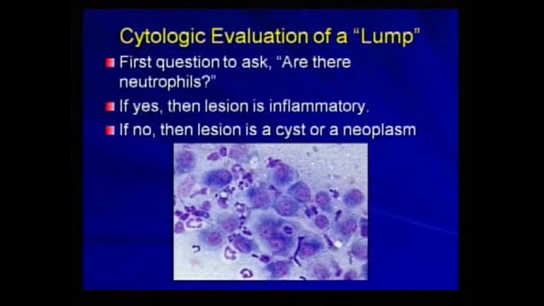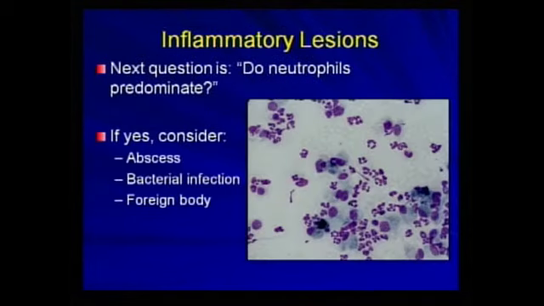Okay, if you don't see any neutrophils, then you're dealing either with a neoplasm or some type of cyst which is not previously ruptured. So once you've established that there are neutrophils, the next question is, do neutrophils predominate? If a neutrophil is the predominant cell type in an aspirate or a cytologic prep, you are dealing with inflammation.